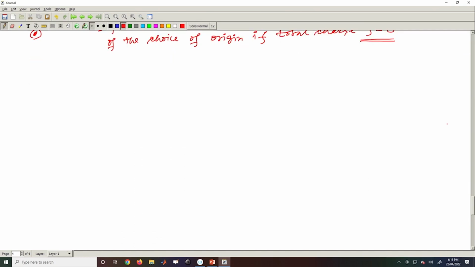So, suppose I have a coordinate system like this and a point here, charge distribution is here, and whose location with this coordinate system is r prime.